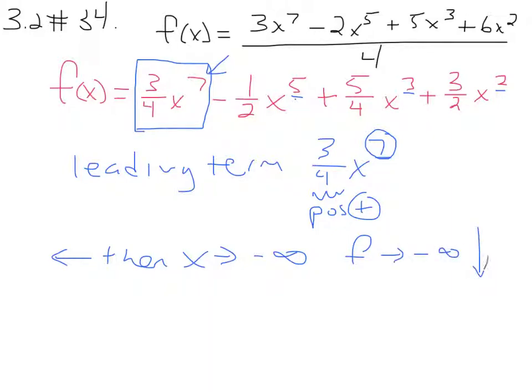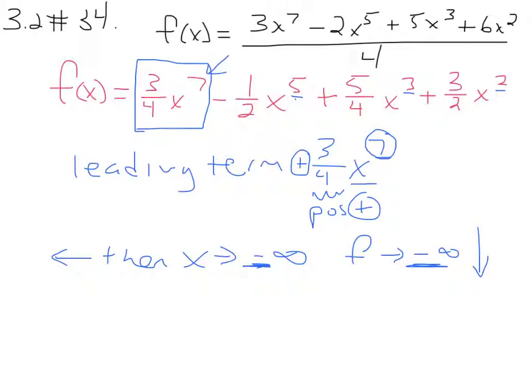It gets arbitrarily large negative. When we think about it in terms of evens and odds, this would be a negative number multiplied together by itself 7 times. So an odd number of negatives multiplied together is a negative. So if x is negative, our function is negative. And this is a positive out here, so that maintains the sign. So x going to negative means that the function is going to go negative.